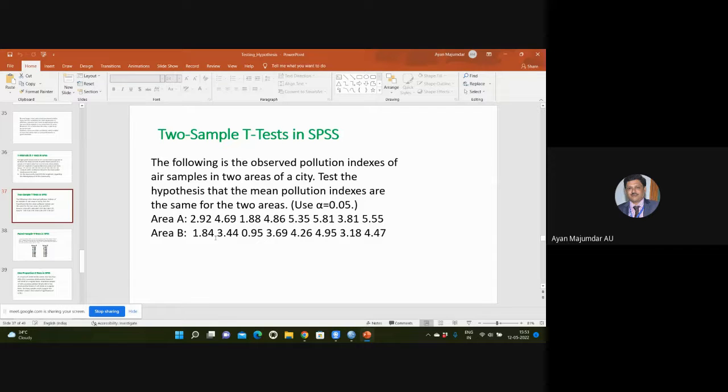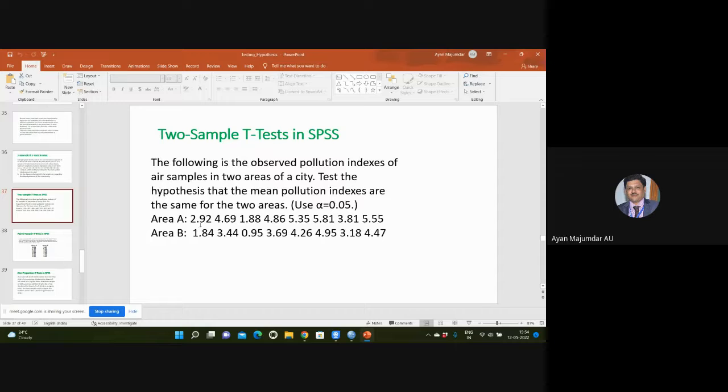That we will check. So altogether there are 8 observations. Small sample, but two samples are taken, as against the earlier example, which was a single sample. So here we have taken two samples, but they are not paired.